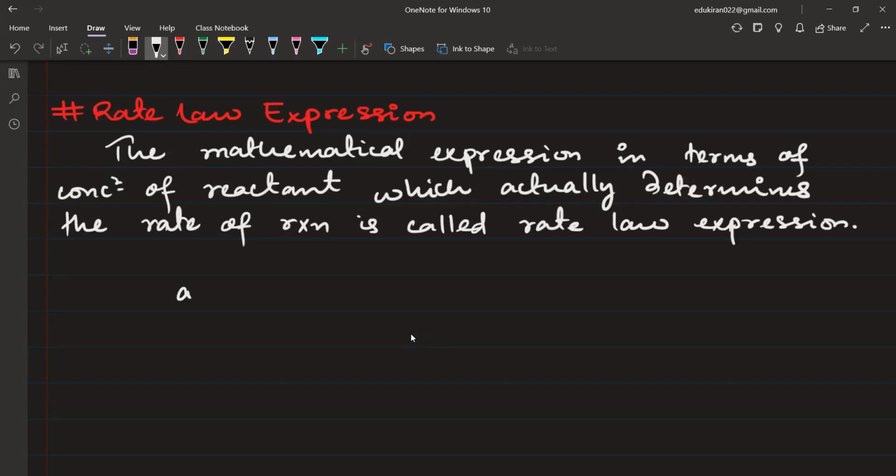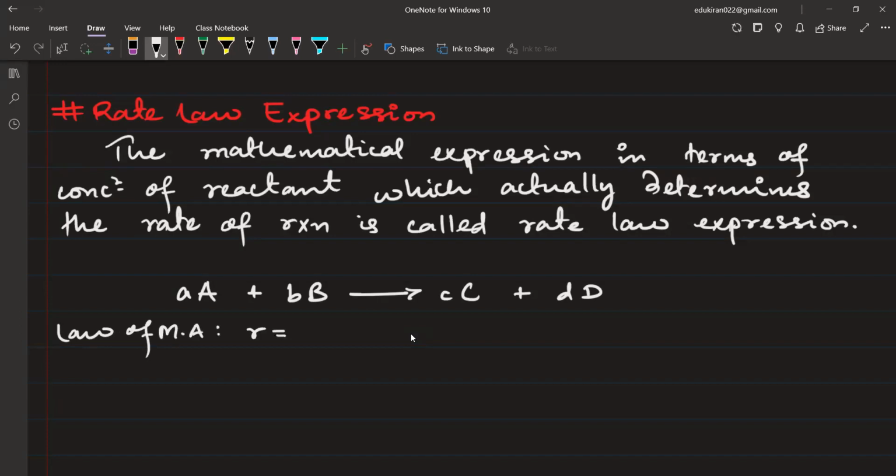So for a general reaction aA plus bB giving you cC plus dD, the law of mass action that we just saw tells you that rate is equal to a constant K multiplied by A to the power a and B to the power b.